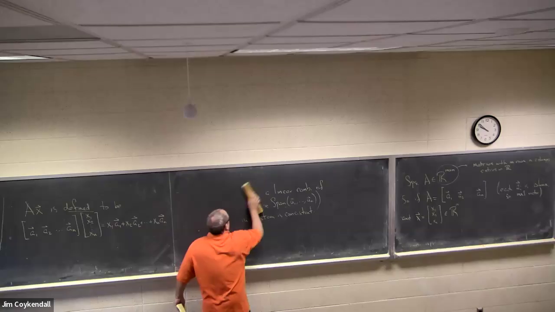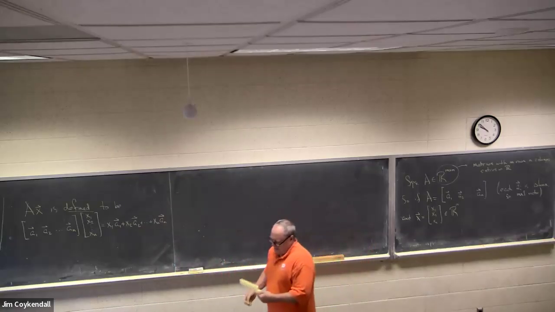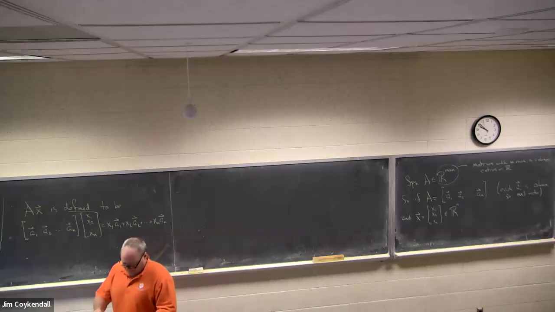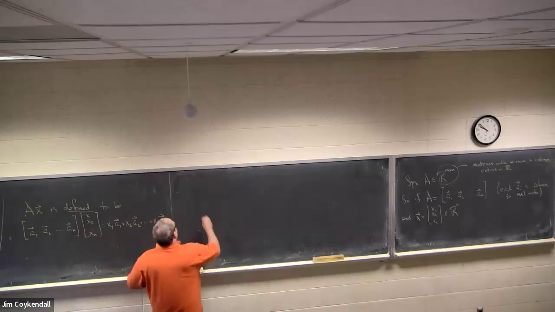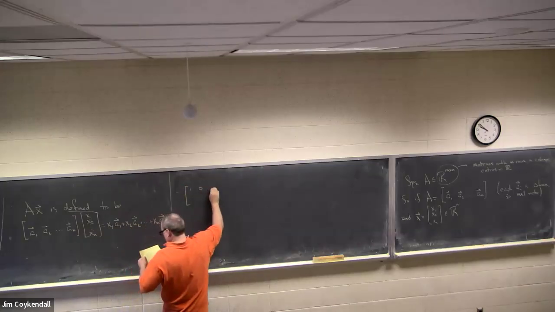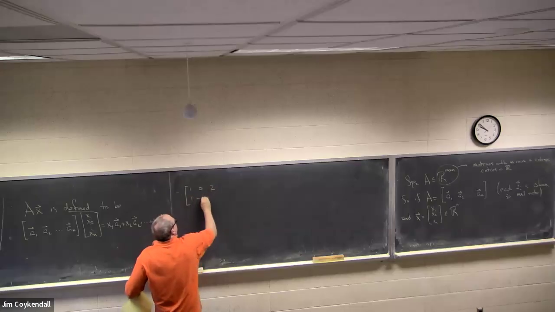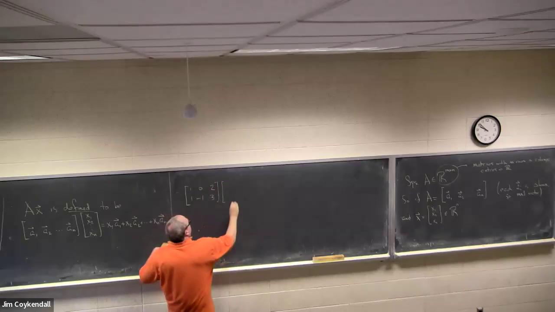So for example, let's do a concrete example. Let's do this: the matrix with rows 1, 0, 2 and 1, minus 1, 3, times the vector 2, 1, 5.